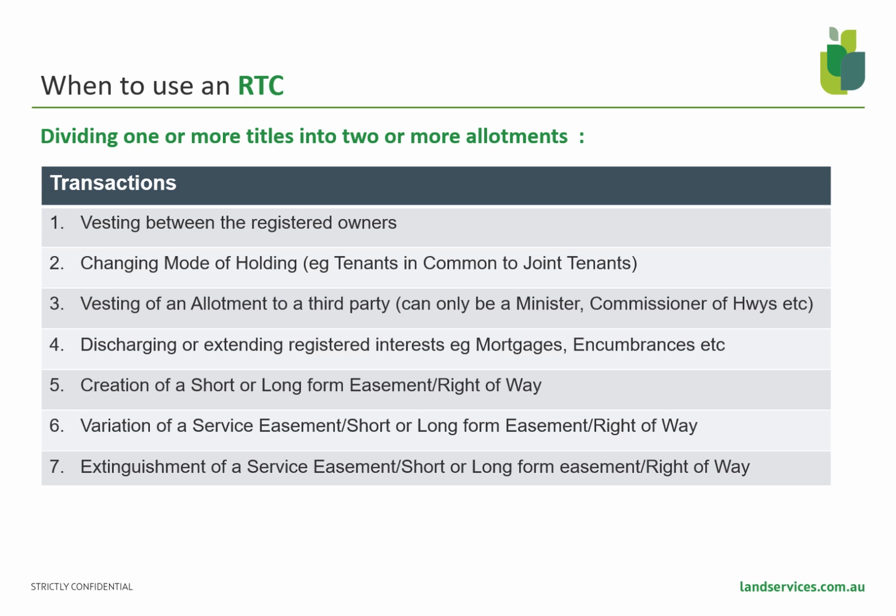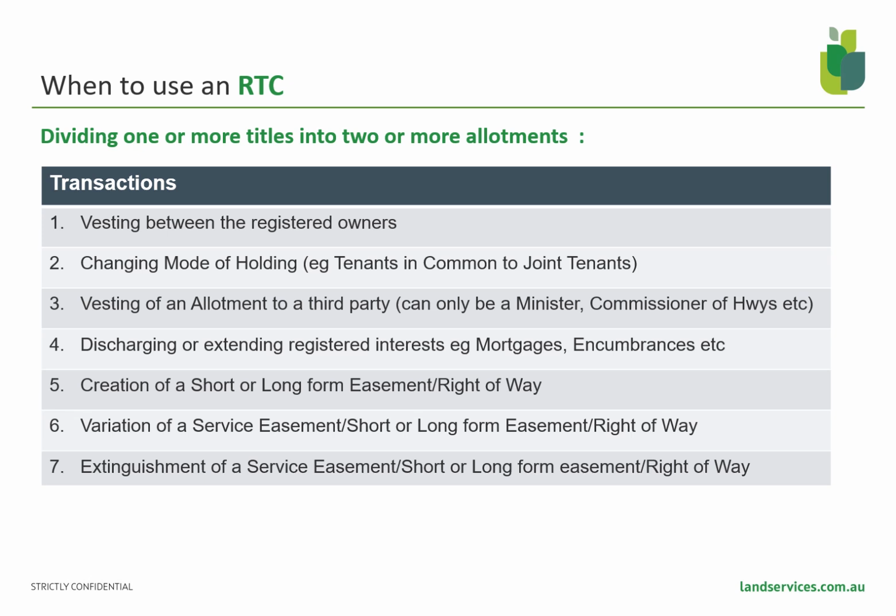Thirdly, a third party cannot be added into an RTC document. The only time a third party can be introduced is if there is an allotment vesting to a minister, the Commissioner of Highways, or SA Water Corporation.